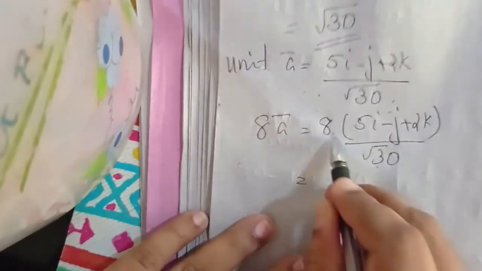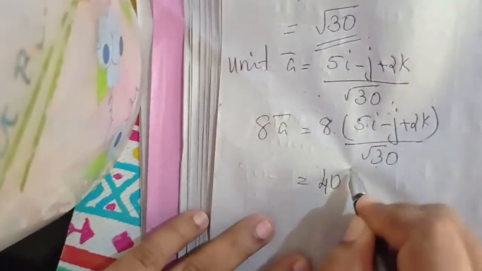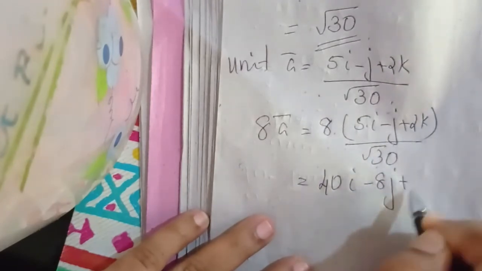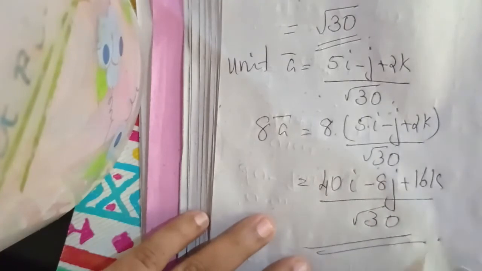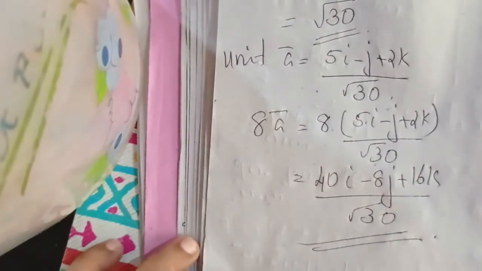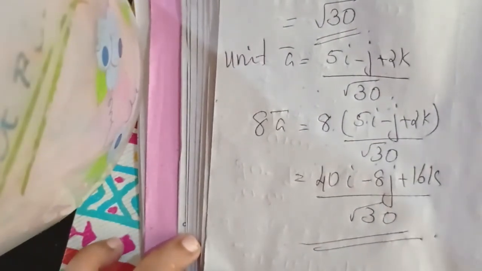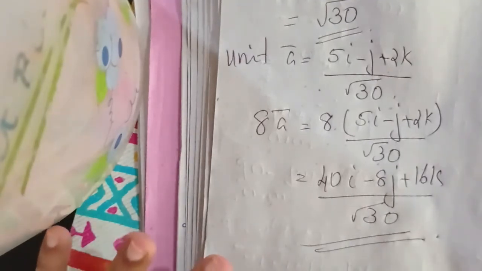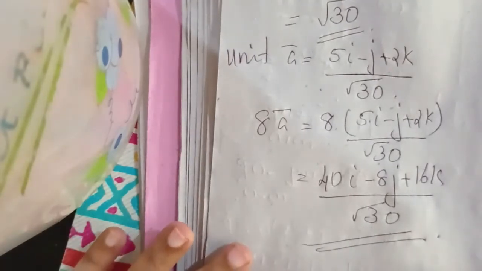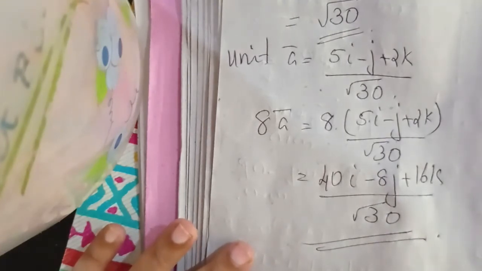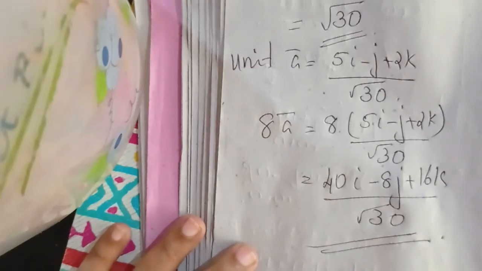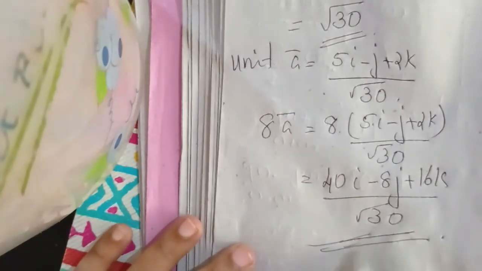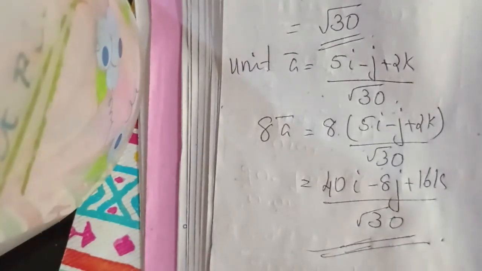Say the answer. 8 fives are 40i minus 8j plus 16k by root 30. If it has magnitude 8 units, find the unit vector in the direction of A first, then multiply by 8. Here the number is 8, therefore you write 8. If it is 15, you write 15 into. Okay. Finish? Okay, do it.